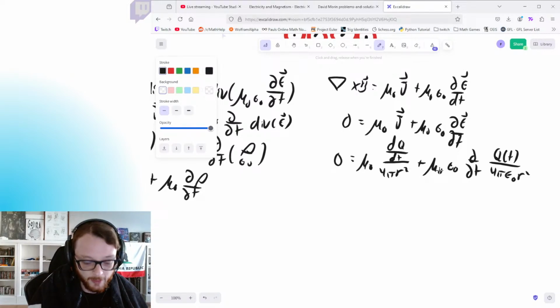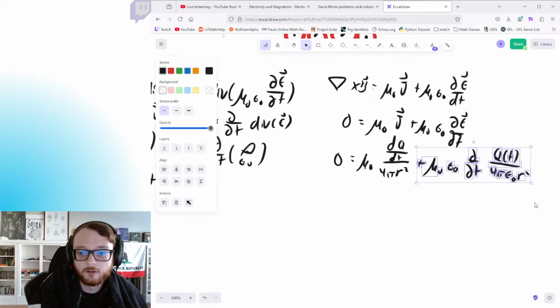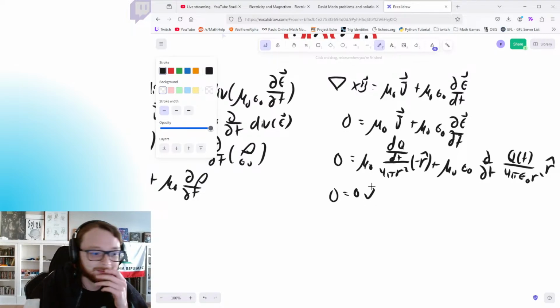I guess J is negative r hat, because normally r hat points out. Okay. And that gives us exactly what we want. Well, you're done, right? 0 equals 0. Okay, that I like.